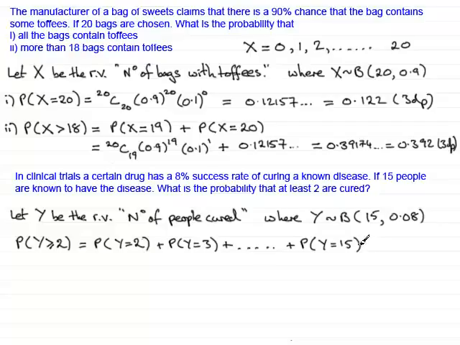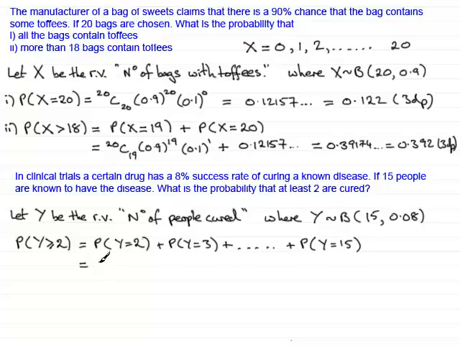What we should know is that if we were to work out the probability that Y equals 0 plus the probability Y equals 1 plus the probability Y equals 2, 3 and so on all the way up to 15, that would total 1. All the probabilities would total 1. So since I'm not using Y equals 0 and Y equals 1, I could take those probabilities away from 1 and it would give me this answer.